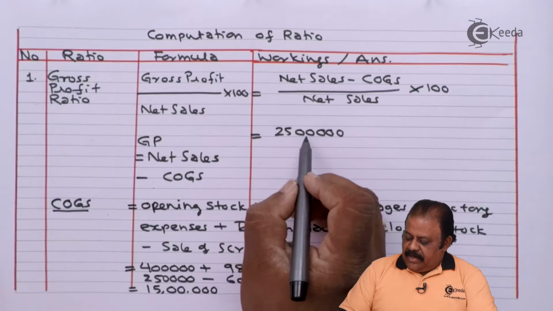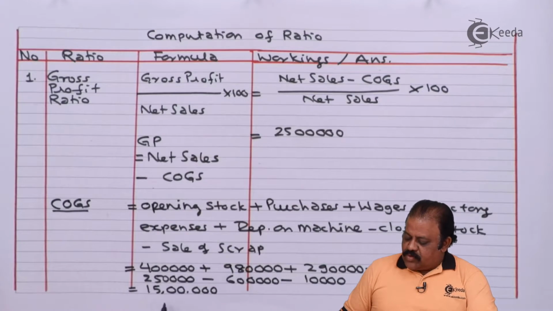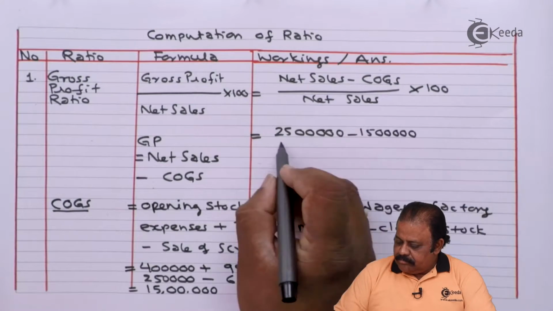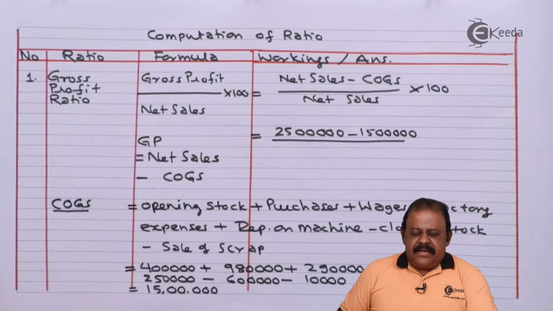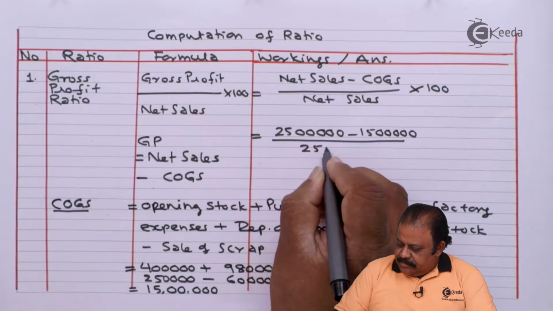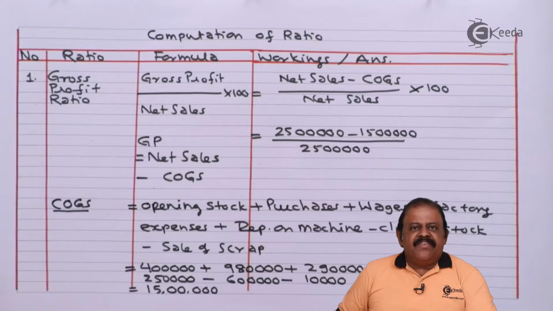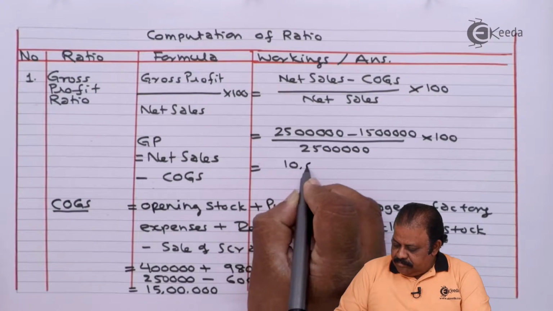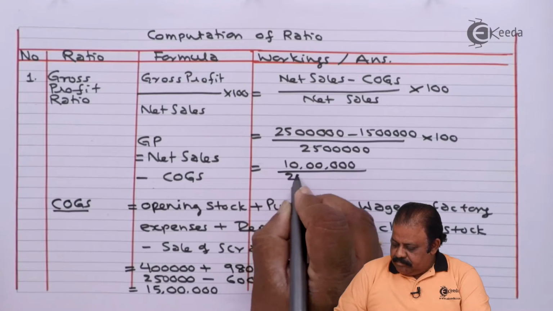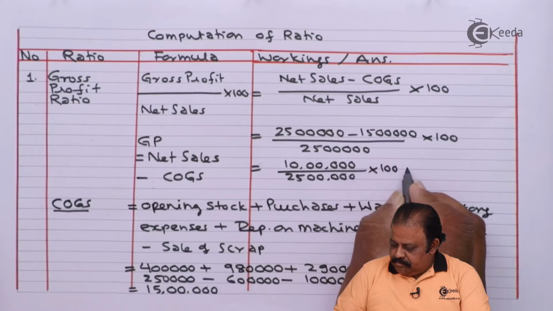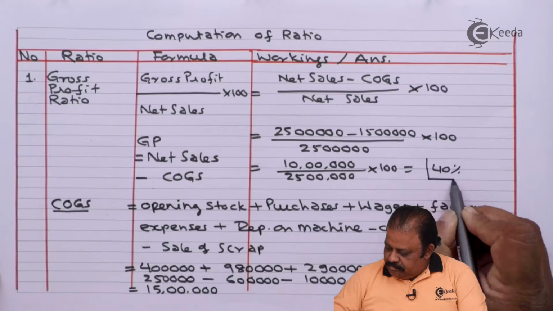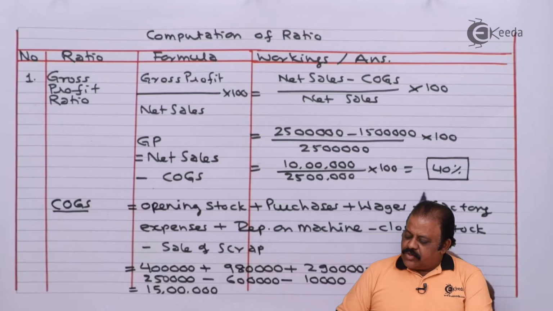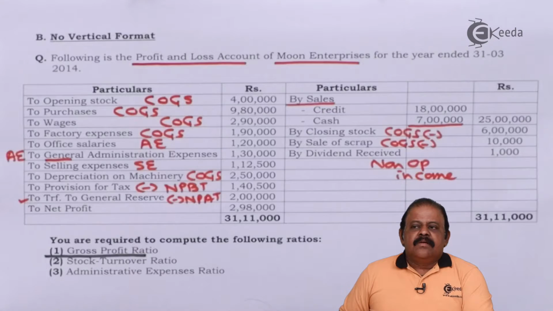Net sales 25 lakhs minus cost of goods sold 15 lakhs, divided by net sales 25 lakhs, multiplied by 100. So gross profit ratio is 40%.